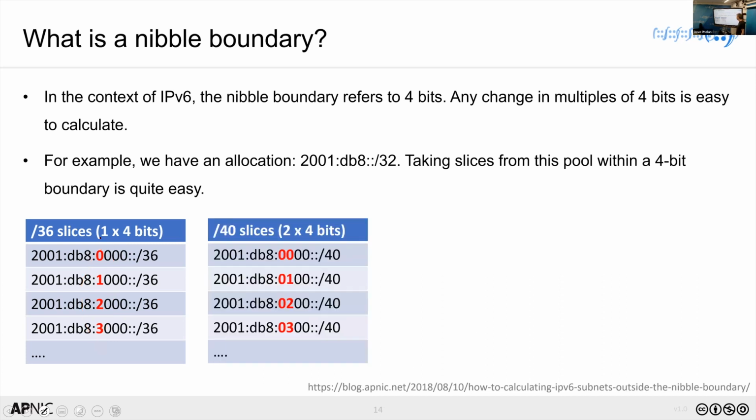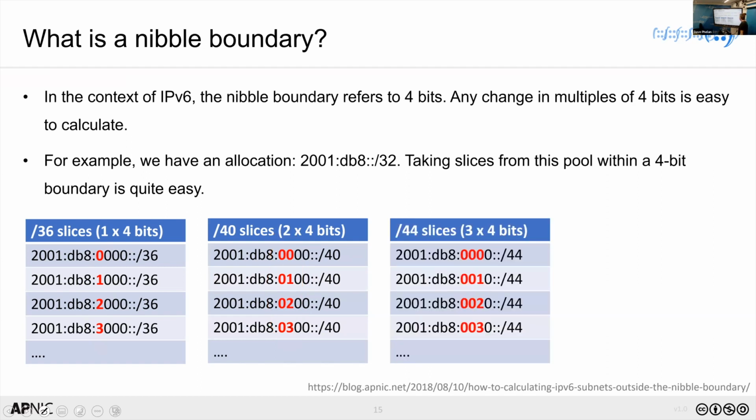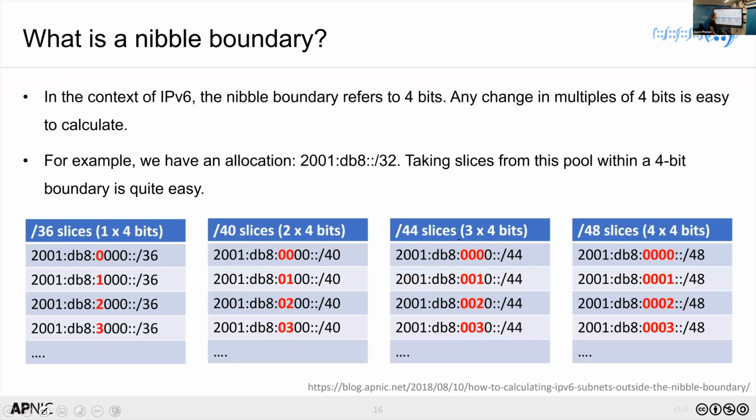If I want to do /40s, I now have 2 lots of 4 bits. I've got 0 through to F, 0 through to F. If I want to go to /44s, I now have 3 bits to play with. And if I want to do /48s, then we've got that 4x4-bit chunk. So making allocations out of our nibble boundaries is a whole lot easier.